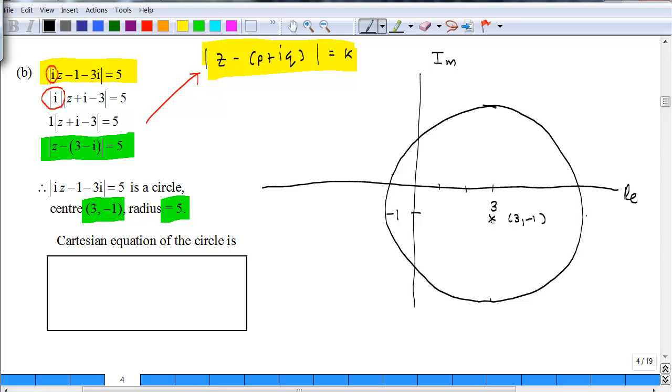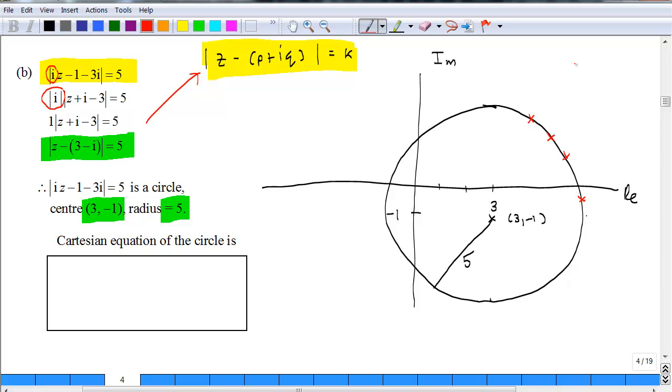Right, and then from the center you label the radius as 5. So what this actually means is that every point on the circumference of this circle represents the complex number z.